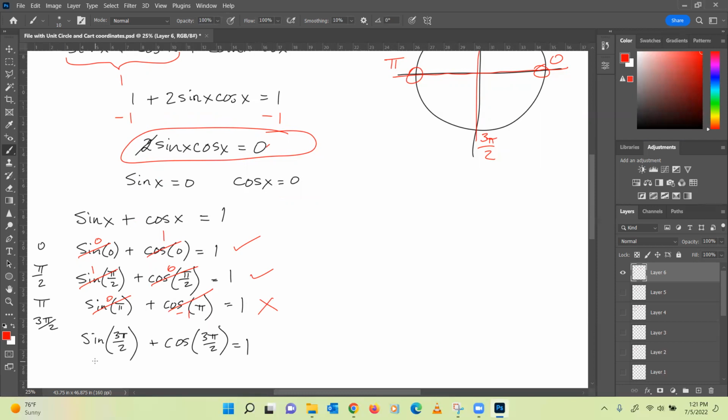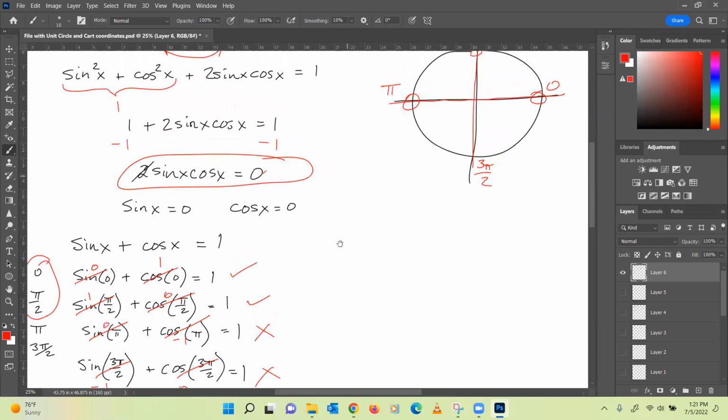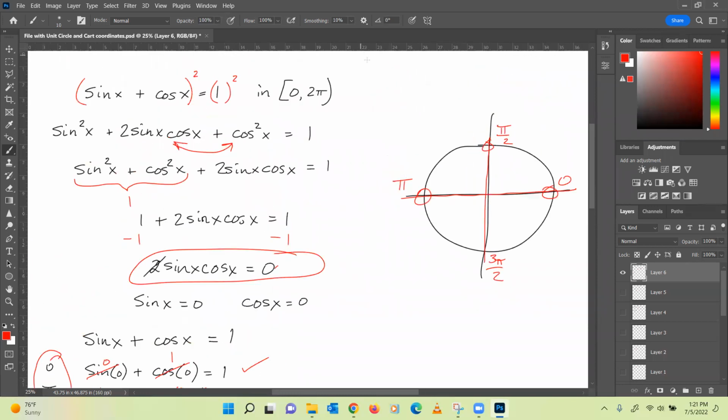Sine of 3 pi over 2 is negative 1. Cosine of 3 pi over 2 is 0. Negative 1 plus 0 is not 1, so that doesn't check. Our result is therefore just 0 and pi halves, because those are the only 2 angles that we can plug in here and get it entirely right.